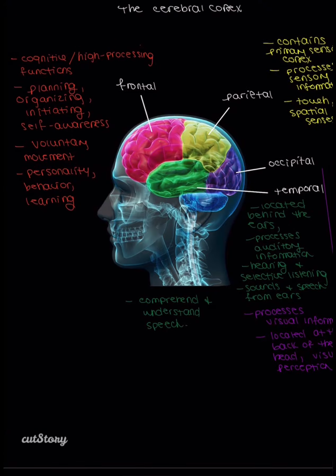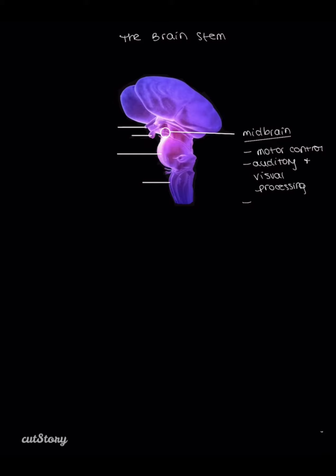And now we can move on to the brainstem and take a closer look at some important components of the brainstem. So over here, circled towards the center, it's a little difficult to see, but this is known as our midbrain. And our midbrain is responsible for motor movement, also particularly movement of the eyes.